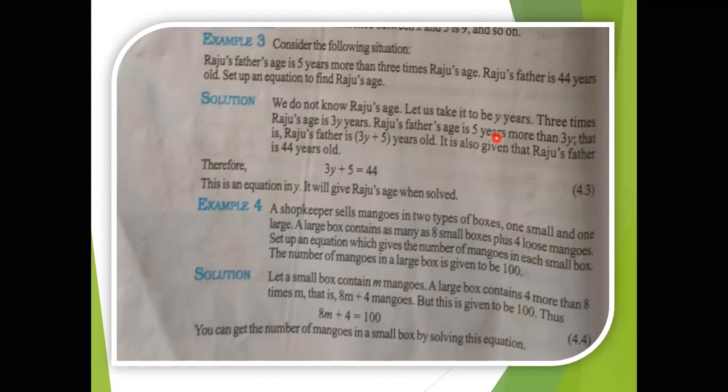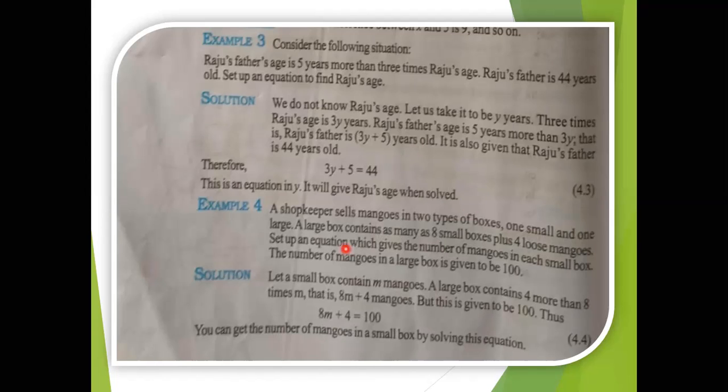So that means 3y plus 5 is Raju's father's age. Then how old he is, is 44 years. So the equation you get is 3y plus 5 equals 44. This is an equation in y. It will give Raju's age when solved. In this way you can write.